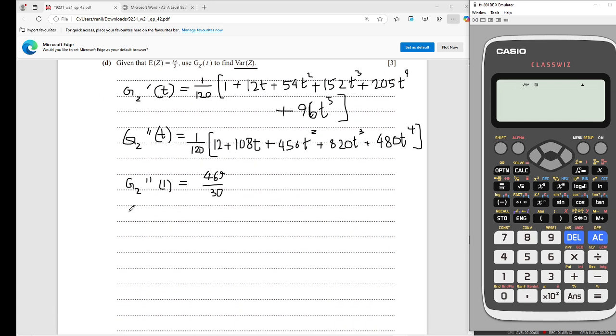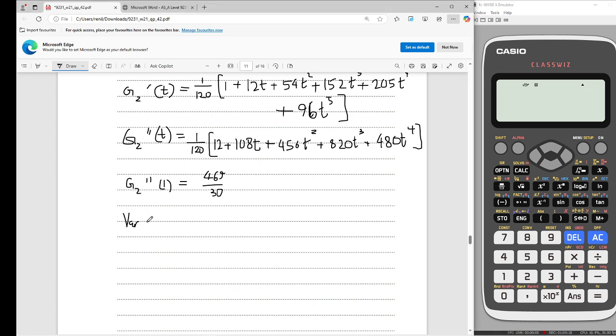Next we can just do the variance calculation. So variance is equal to, so x is equal to g double dash 1 plus that width, g dash 1 minus that width, the square of g dash 1 squared.